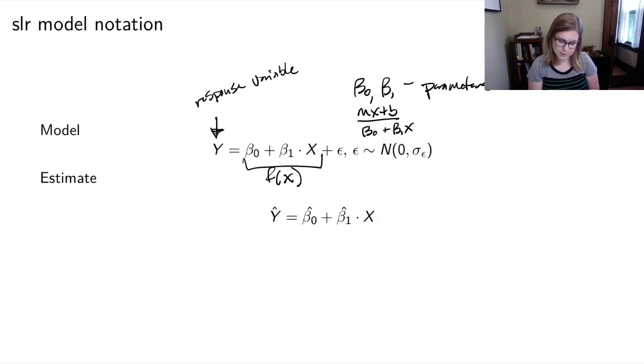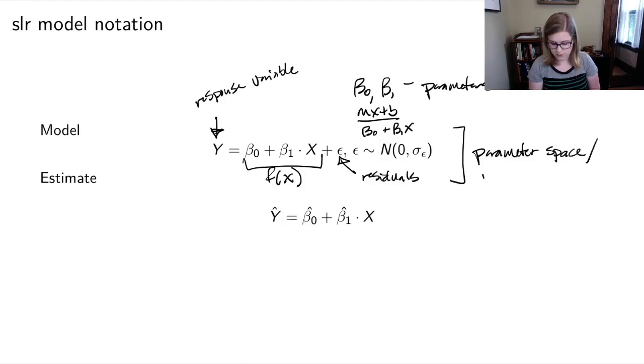And then we've still got epsilon, that's our residuals. And then finally, we've got some notation about our residuals. I'll talk more about this, but we're saying epsilon follows a normal distribution with mean 0 and standard deviation sigma. So this is the model, this is kind of in parameter space, or the population.